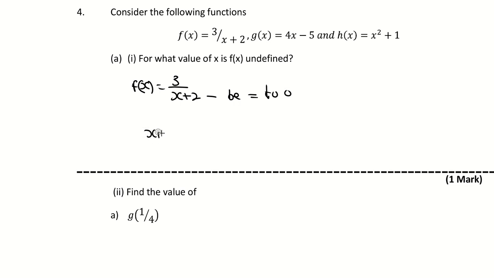So I'll say x plus 2 is equal to 0. So x would be negative 2. So when x is negative 2, this function is undefined, because when x is negative 2, you'll get 3 over 0, and anything divided by 0 is undefined. Do you understand this?